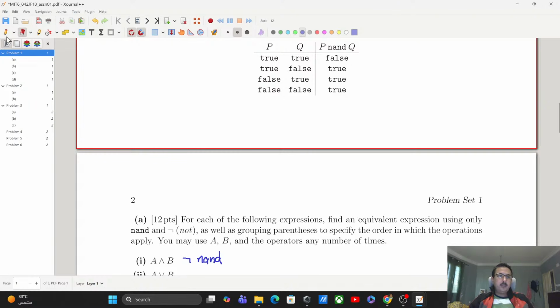I got here F, true, true, true, false, F, true, F, true, and it's going to be only two T, not false, false, false.